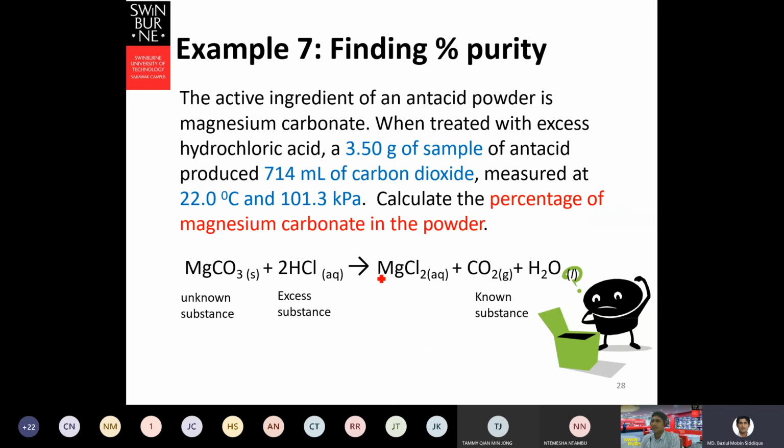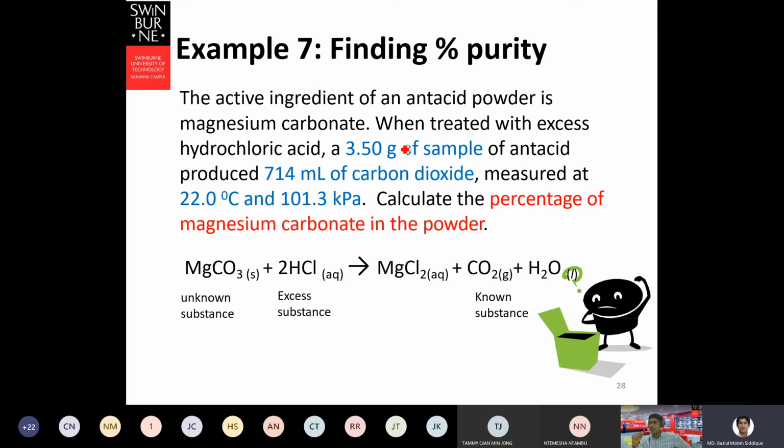Another example is finding the percent purity, whether the sample is pure or not, and what the purity of the sample is. It says the active ingredient of an antacid powder is magnesium carbonate.